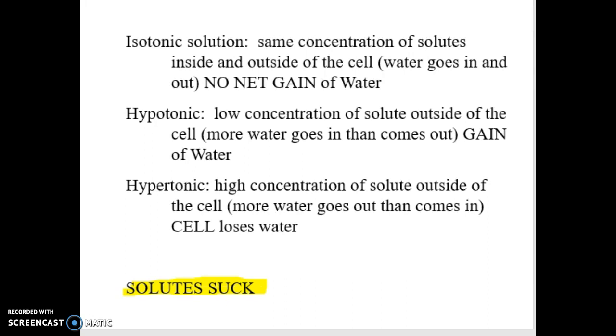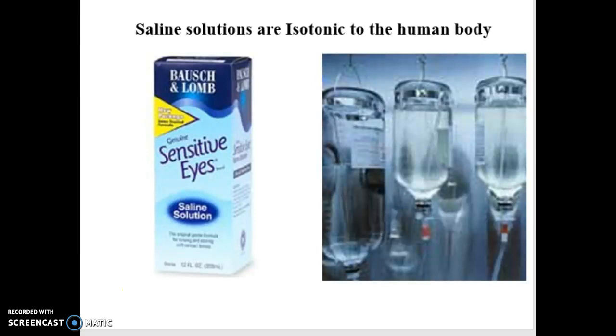All right, so examples. Saline solution, whether it's for your contacts or in the hospital, that solution is isotonic to the human body. There's a slight amount of salt in that saline solution, so it's isotonic and balanced to the body's salt concentration.